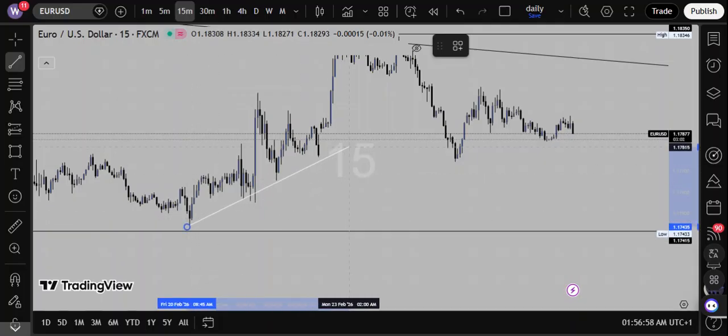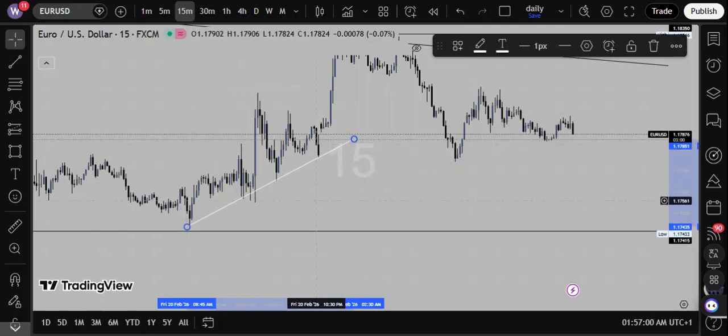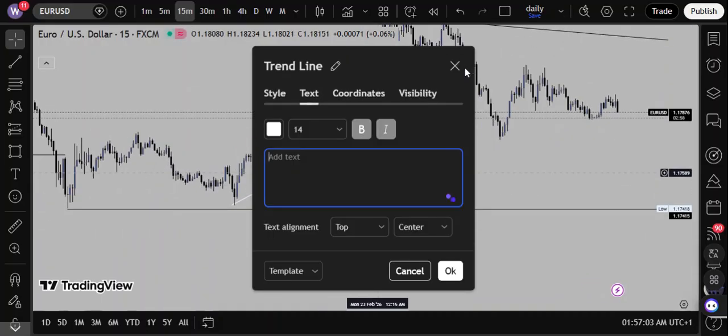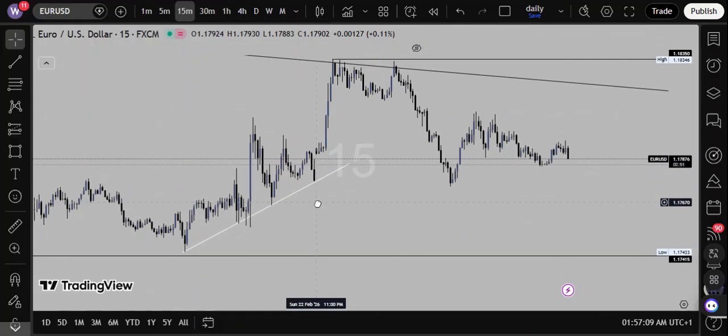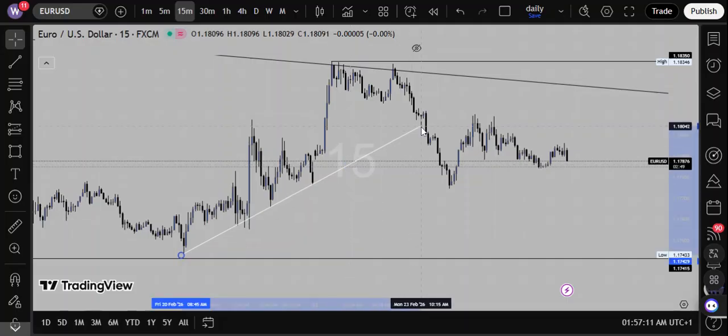Price was gathering liquidity right here, right? Price was also gathering liquidity on this trend line, right? Can you see that price was taking out liquidity and this liquidity was broken with an FVG, right?